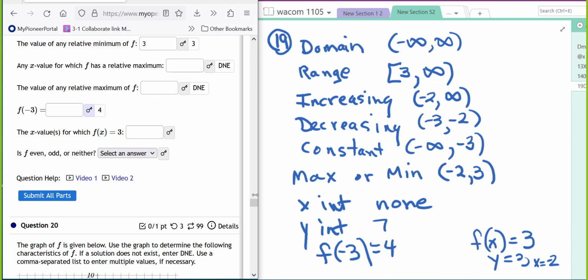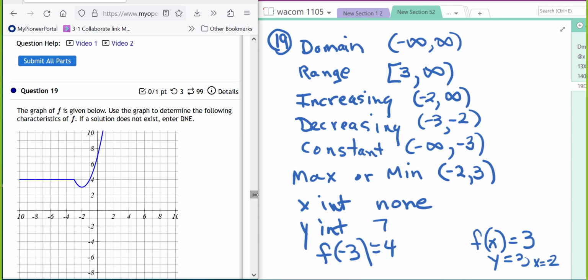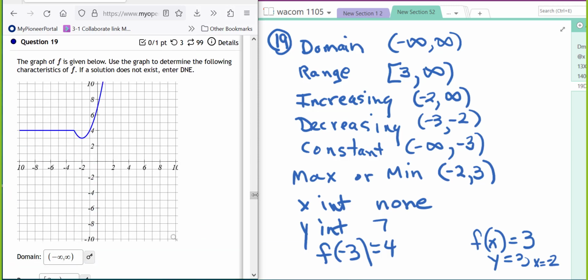And when y is 3, x is -2. And we said neither on this one. So that's a good question. I'm sorry it's hard to see it. It's hard to see it and work out the answer and look at the questions at the same time.